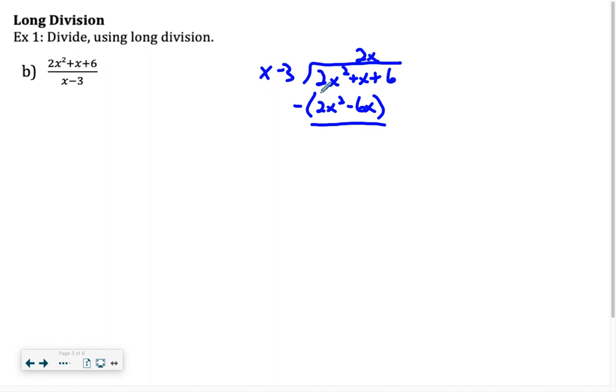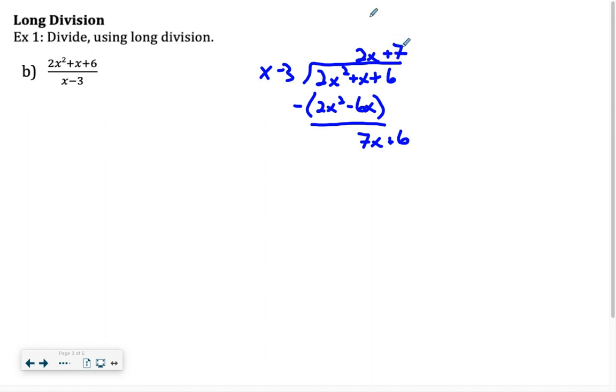So 2x squared minus 2x squared cancels out. x minus negative 6x would really be x plus 6x. So that would get me 7x. And then I bring my next term straight down and repeat the process. So x times what would get me 7x? Well, x times 7.